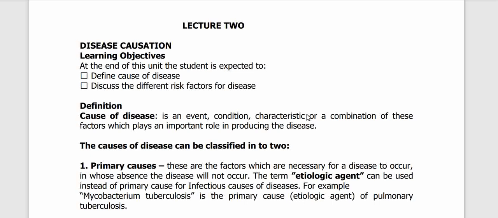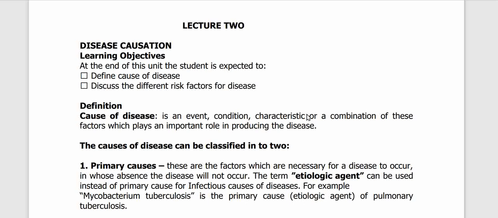In our lecture two, we are talking about disease causation, and what we are going to discuss is defining the cause of disease and also discussing different risk factors associated with the causes of different diseases.